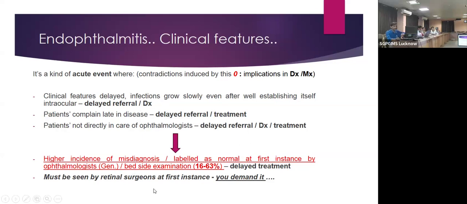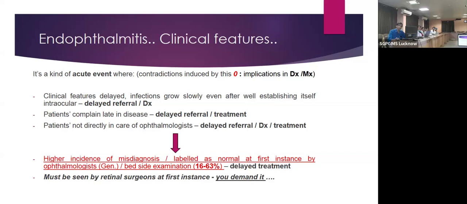And this all leads to a higher incidence of misdiagnosis, labeled very curiously, in up to 63% of cases in one series, as normal by the ophthalmologist itself. Understand? They are general ophthalmologists, not retinal surgeons, and I'm going to tell you the implication of that.